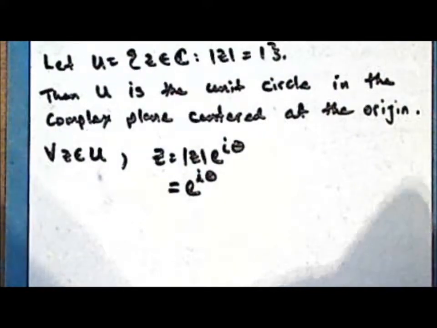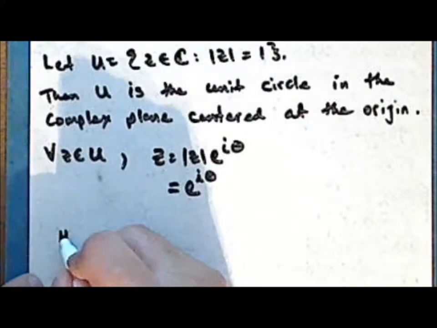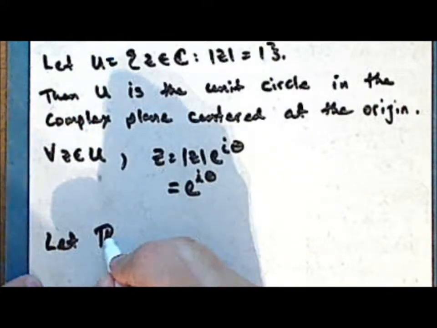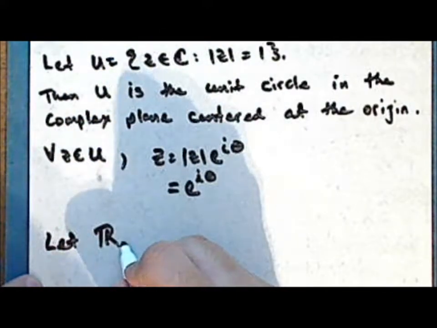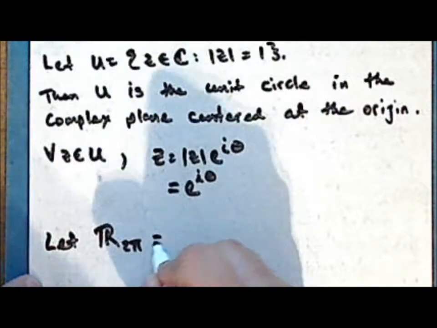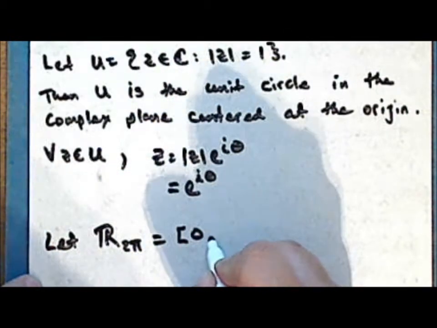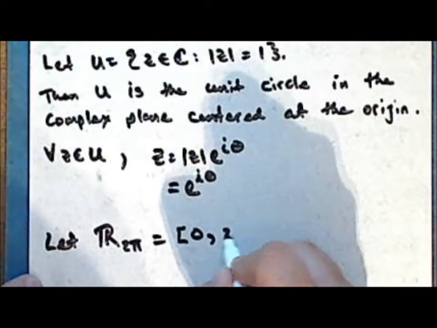Now I'm going to introduce a new notation using the symbol for the reals with a subscript of 2 pi. This is used to denote the half open interval from 0 inclusive to 2 pi.